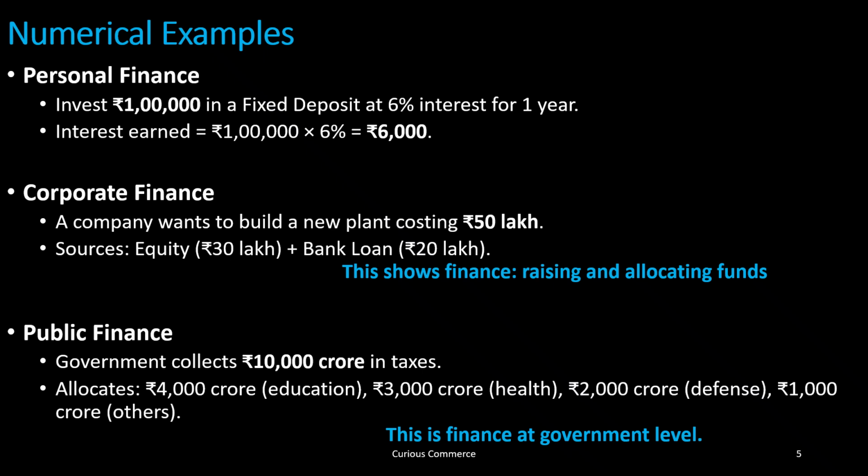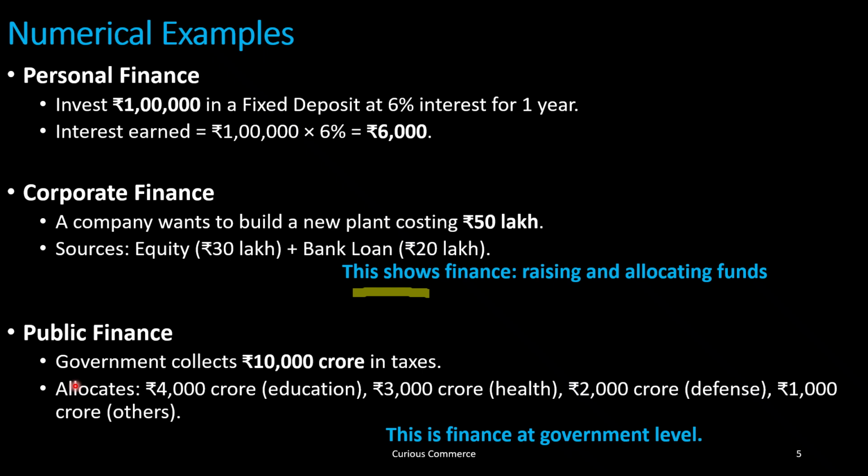So this shows that finance is the major tool to establish the artificial person or the business, and in the same way for expansion also. So corporate finance includes the raising and allocation of funds.